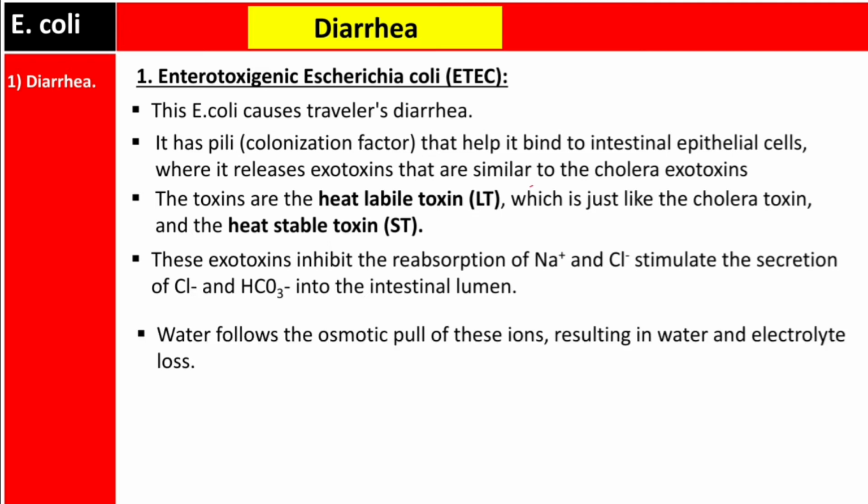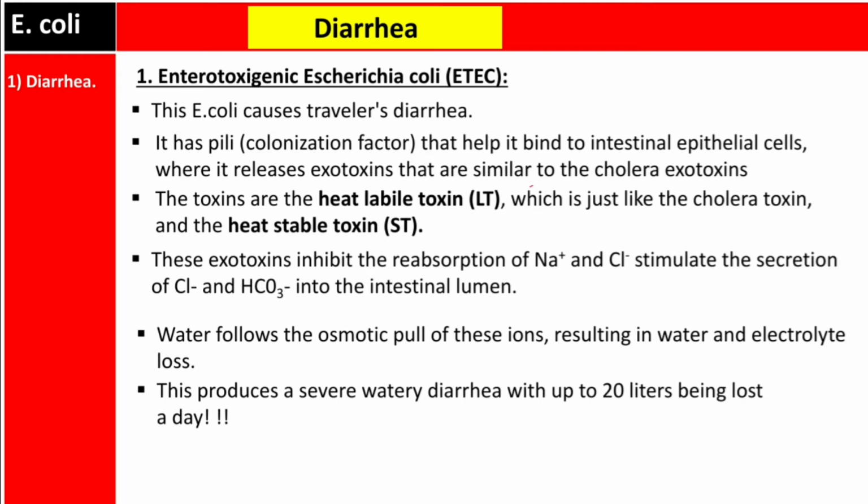This produces a severe watery diarrhea with up to 20 liters being lost a day. The stools look like rice water, just like cholera. Okay, so that was the first strain, ETEC, enterotoxigenic E. coli.